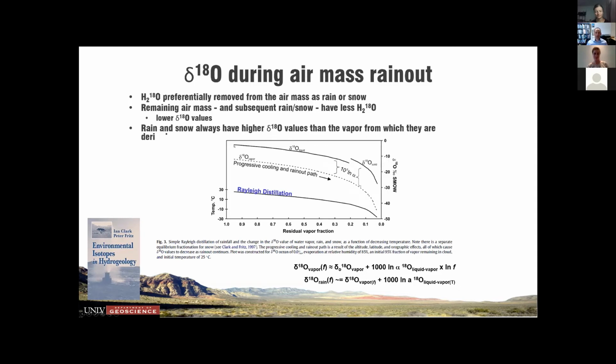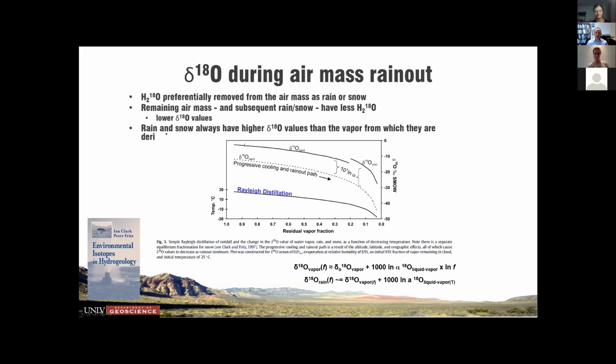Now, the liquid, in this case, has higher delta 18O values because it's preferentially incorporating the 18O. But as that air mass experiences progressive condensation, its value will also decrease. But they're separated by this value, the 10 to the third ln alpha value.